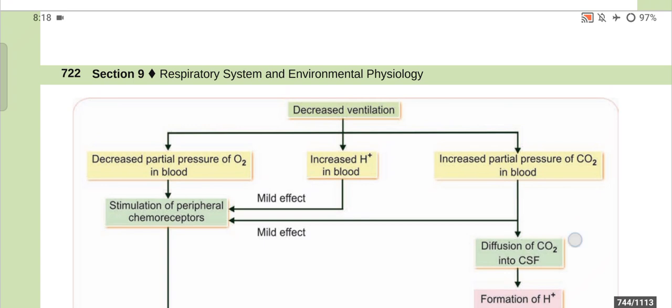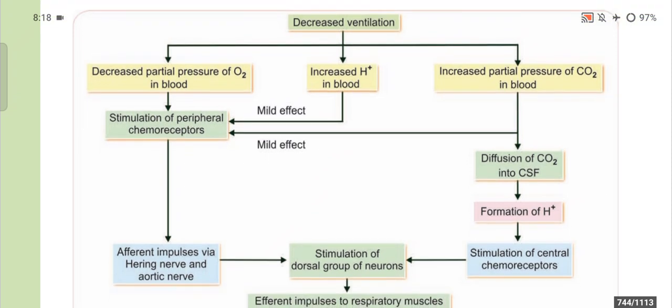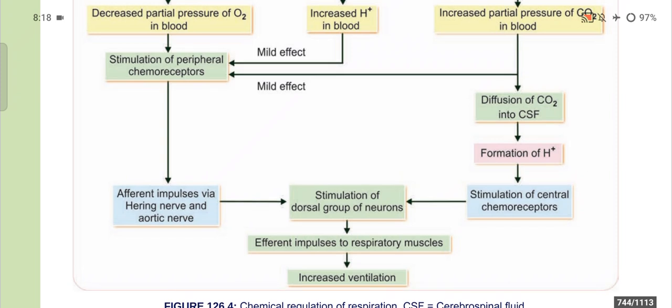Now, the decreased partial pressure of oxygen will stimulate the peripheral chemoreceptor. The increased partial pressure of carbon dioxide in the blood stimulates the diffusion of carbon dioxide into the CSF, and it also has a mild effect in stimulating the peripheral chemoreceptors. The diffusion of carbon dioxide into the CSF forms H+ ion, which will stimulate the central chemoreceptor, and it will stimulate the dorsal group of neurons. The dorsal group of neurons affects the efferent impulses to the respiratory muscle, which will increase ventilation.